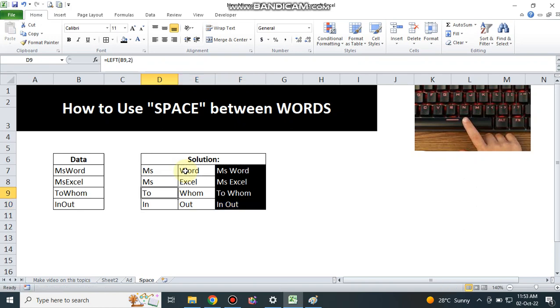If the word is like this, too many, then it doesn't work because I fixed right only for two. Then we have to think of another formula.